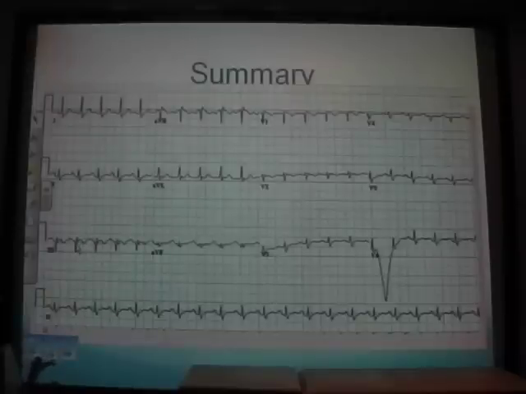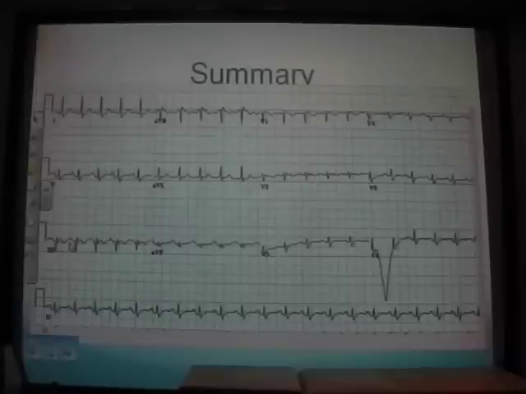That could prompt us to look for an S wave in lead 1, which we've got here. The first upward deflection is the R wave, and the negative deflection following that is the S wave, and then we go back up to the isoelectric baseline.